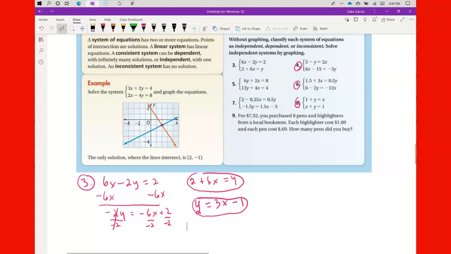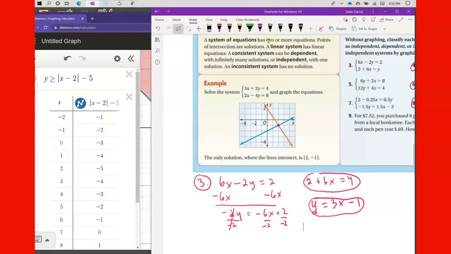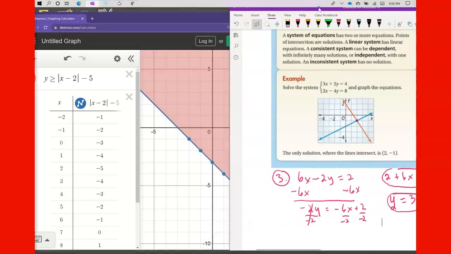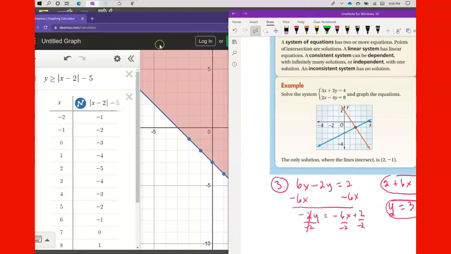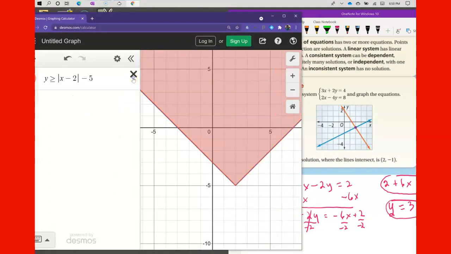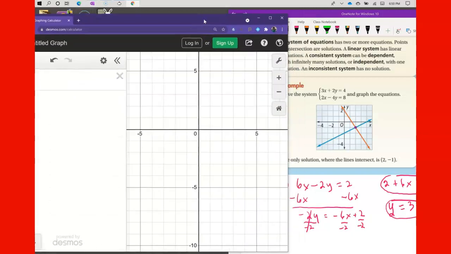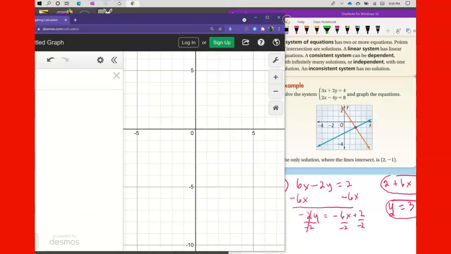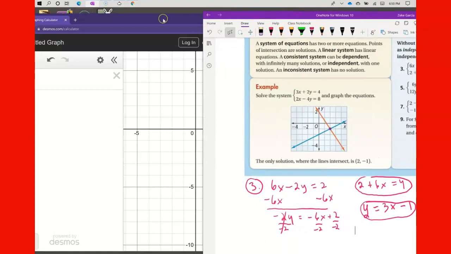So let me go ahead and minimize this, and we're going to use Desmos to solve this, okay? So let me move this a little bit over here.